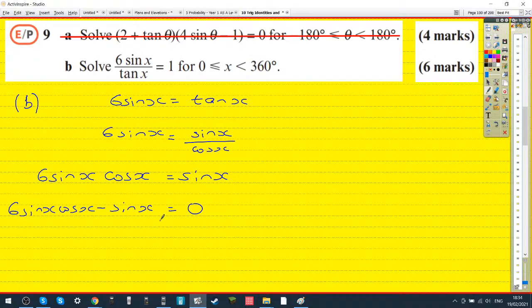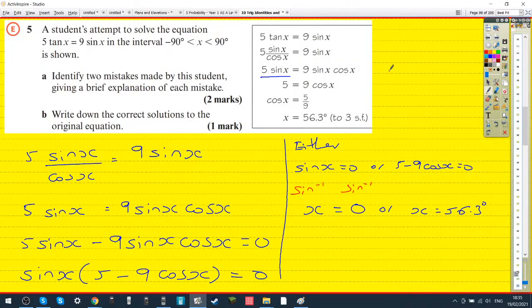Sine x (6 cos x minus 1). And then? Wait, what did we do after we factorized it?